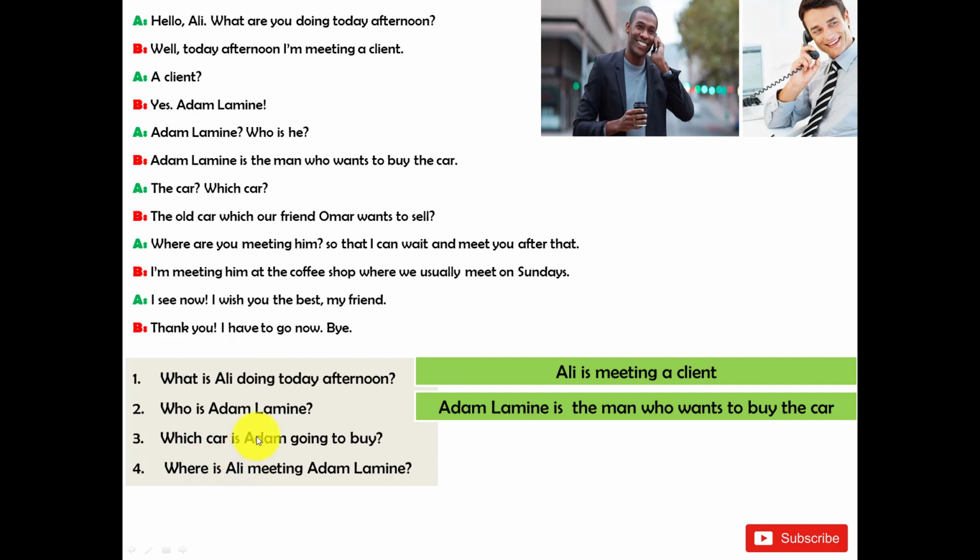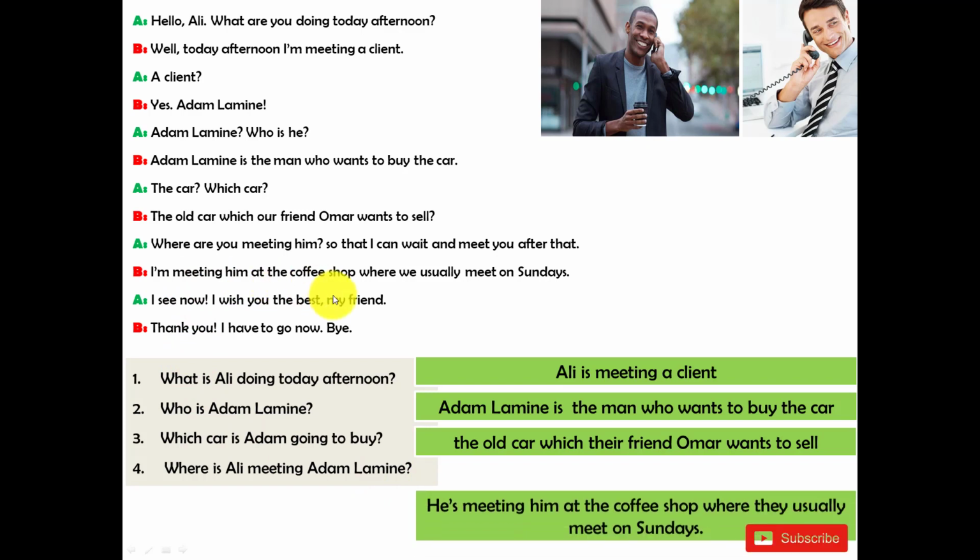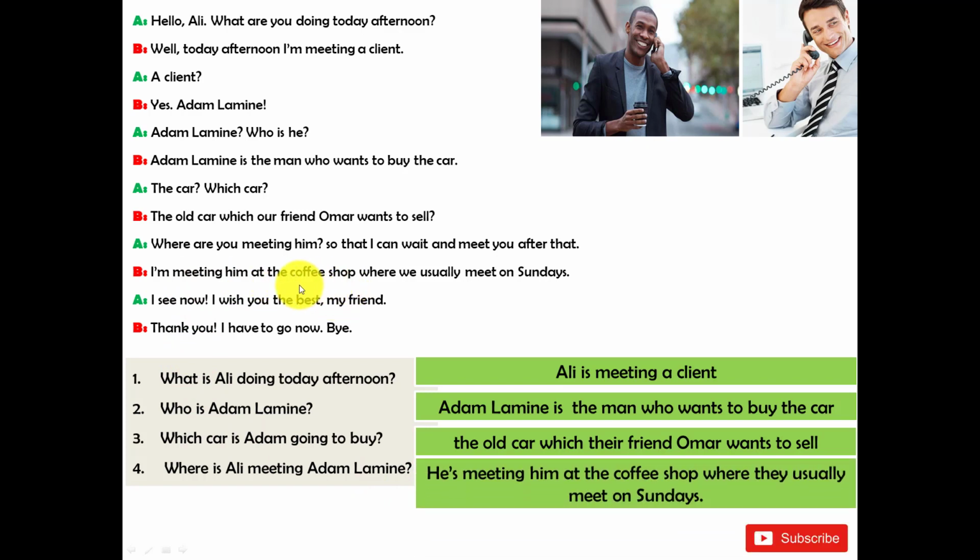Which car is Adam going to buy? Good. He wants to buy the old car which their friend Omar wants to sell. Number 4. Where is Ali meeting Adam Lamin? Good. He is meeting him at the coffee shop where they usually meet on Sundays.